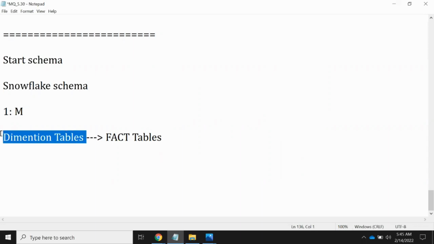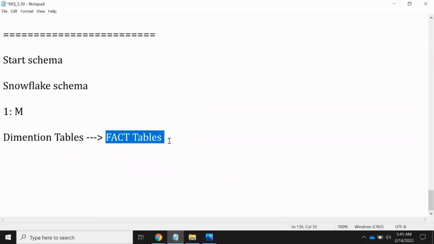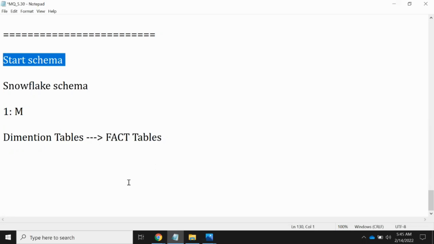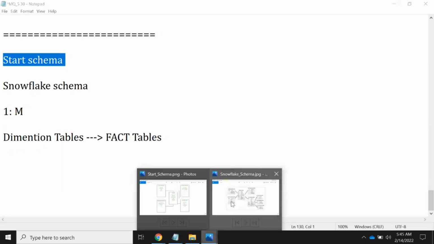So they load the dimension tables first, then the fact tables. This is the process. In between, we have the star schema, with the relations, and logically this is how they structure things.